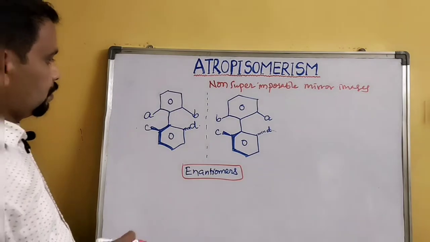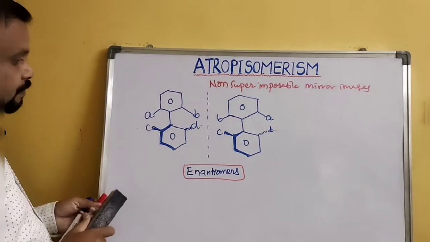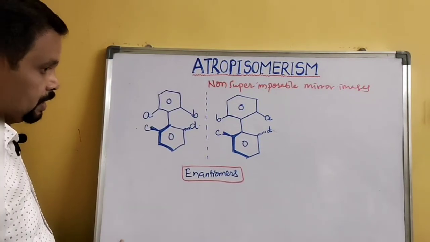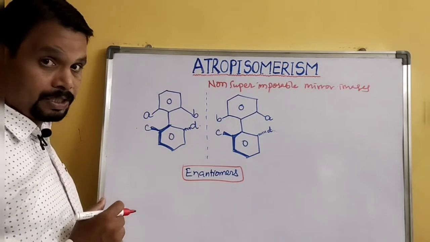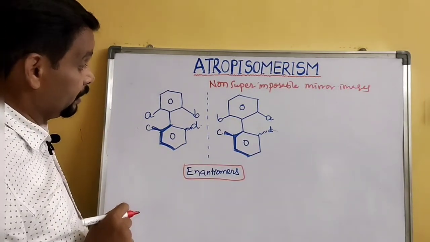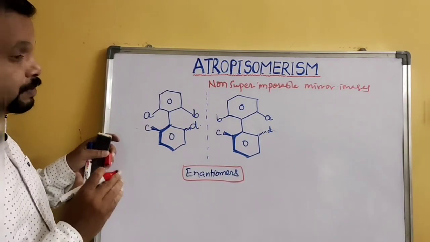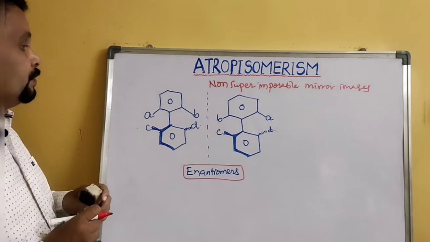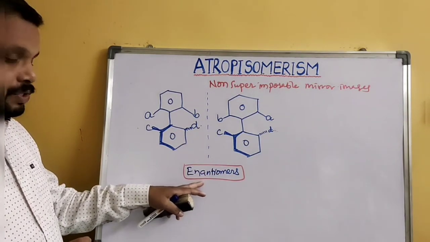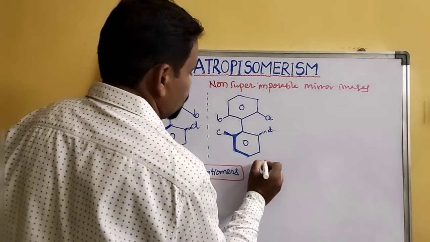So when this kind of stereoisomerism exists, and what are the criteria for this, let me explain all those things very clearly. These two are non-superimposable mirror images, therefore they can be called enantiomers, and they are optically active compounds.